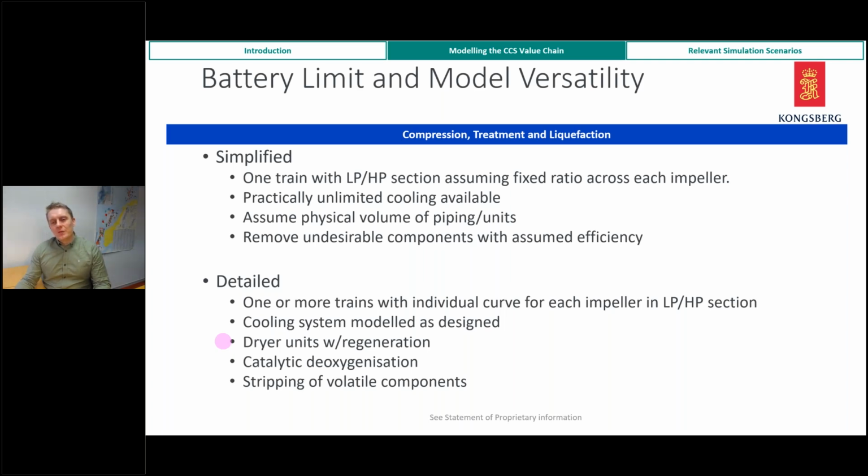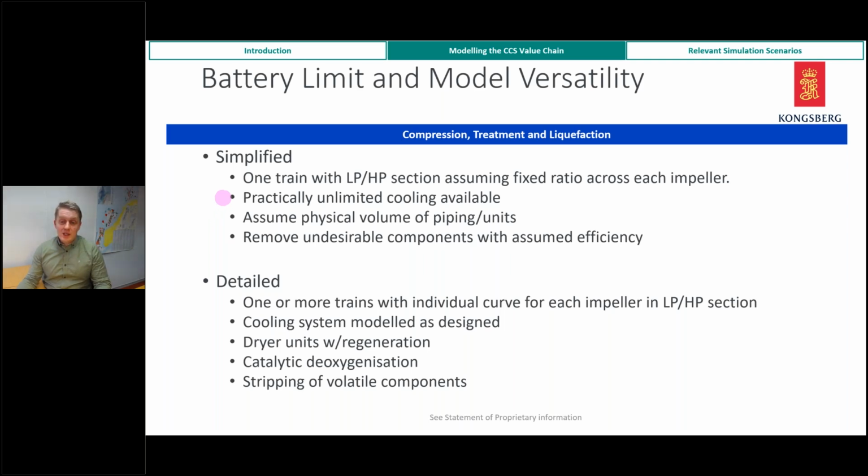But in these cases, even if you do a simplified approach, you can gain insight into your system. Let's say you start by assuming one compression train with a fixed compression ratio across each impeller. You can get an approximate compression system built relatively quickly.